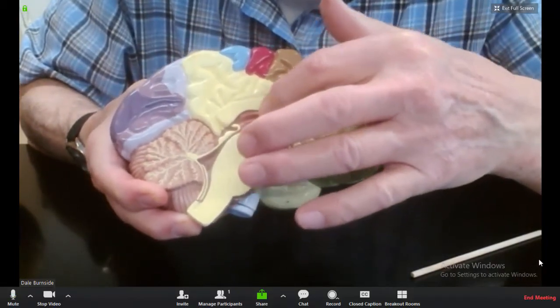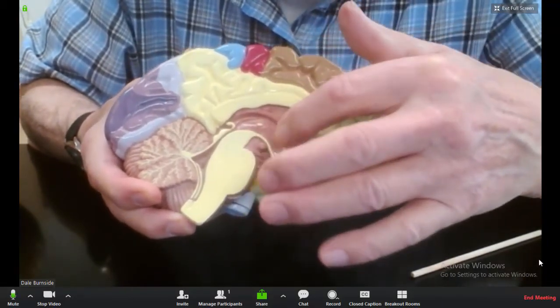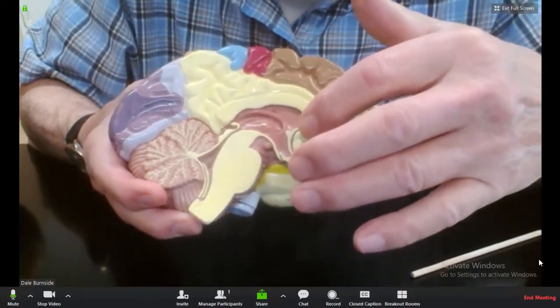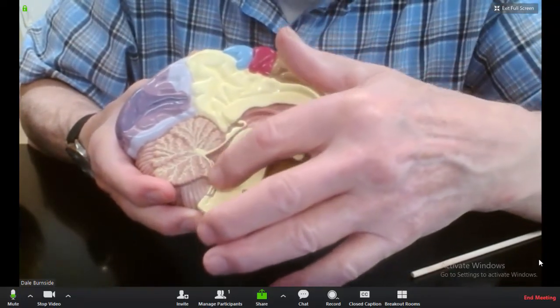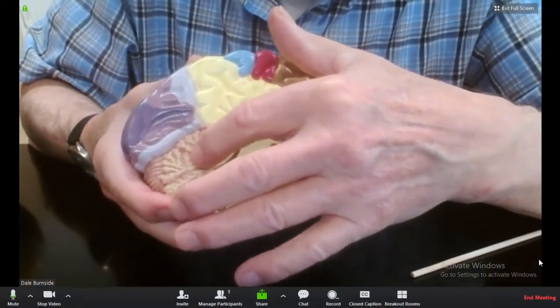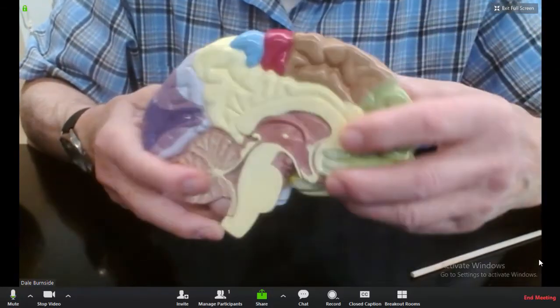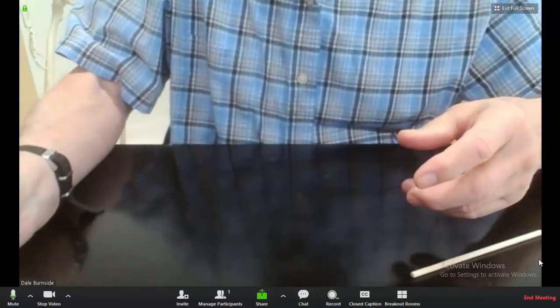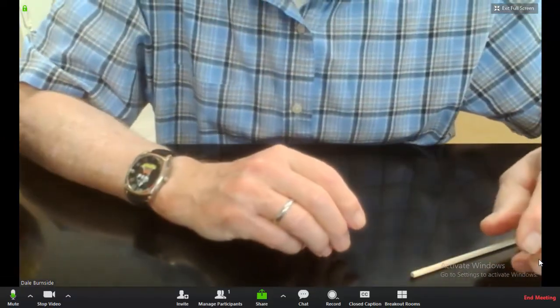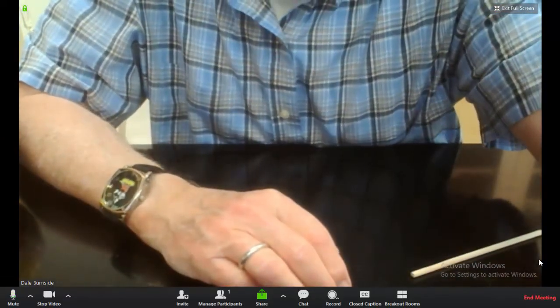This is the thalamus, the hypothalamus, the pituitary gland, the pons, the medulla oblongata, and then the cerebellum. So I hope that helps you a little bit to know the anatomy of the parts of the brain.